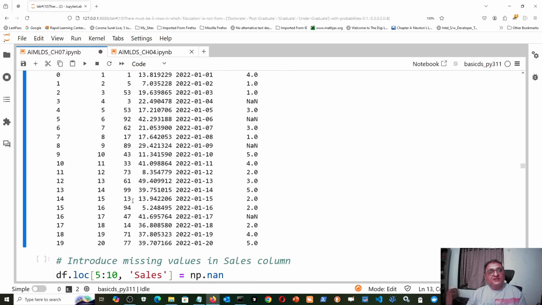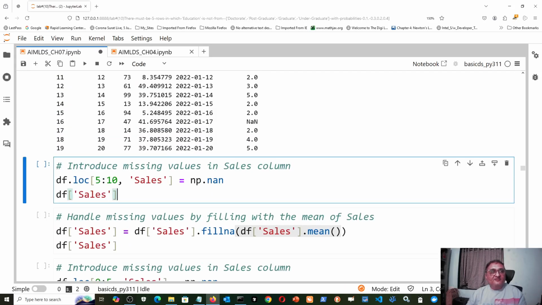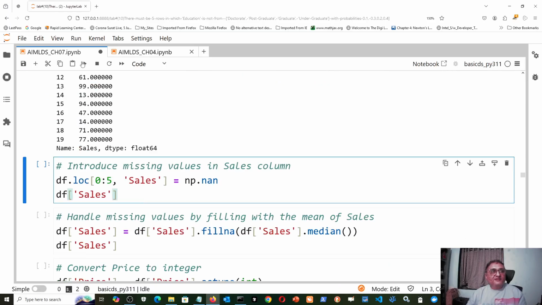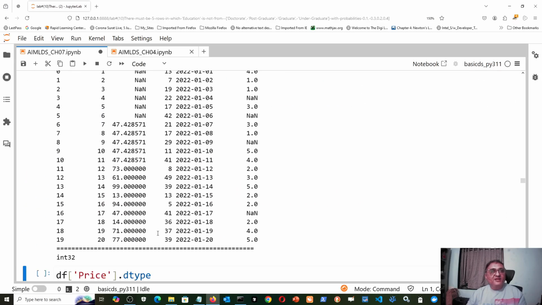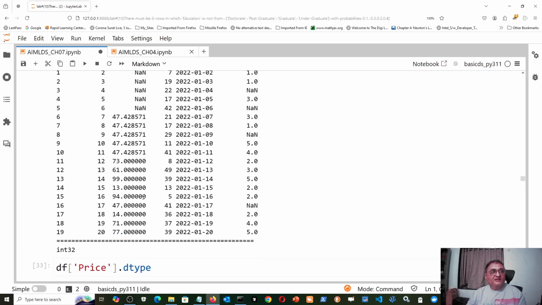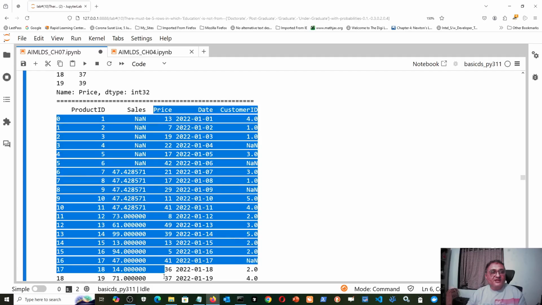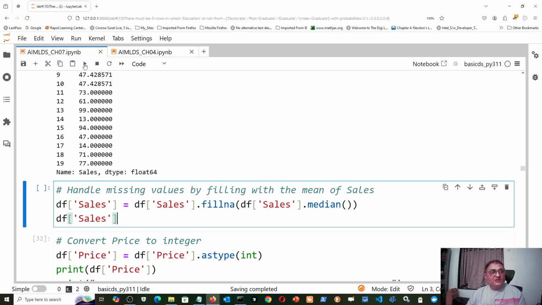We imputed null values by mean, then introduced other null values and imputed by median, then we changed the data type also. Now at least the price column does not have any null values, and the sales column should also be filled.